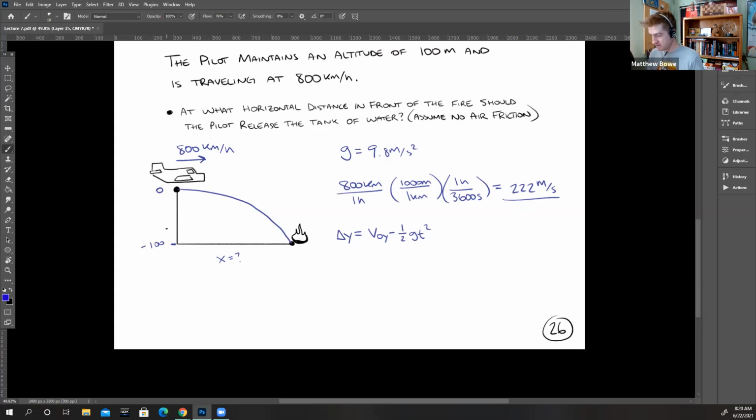So that will be minus 100 meters. So I'm going to say down is negative. Or I could just label the whole diagram. I could say up is positive and to the right is positive. Okay.